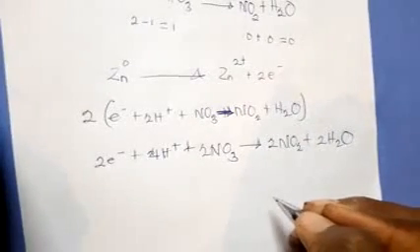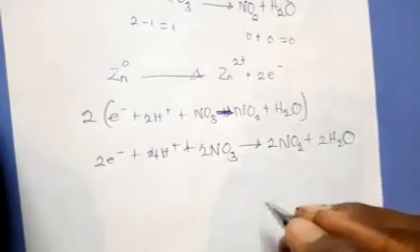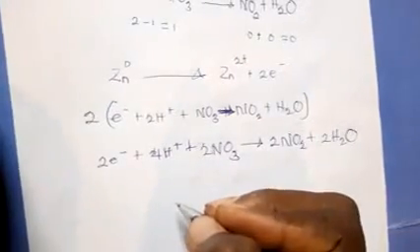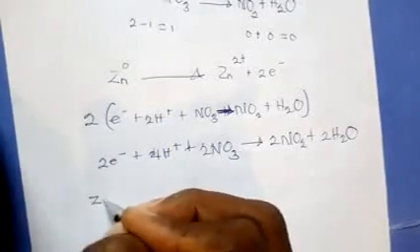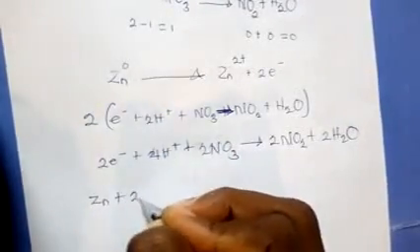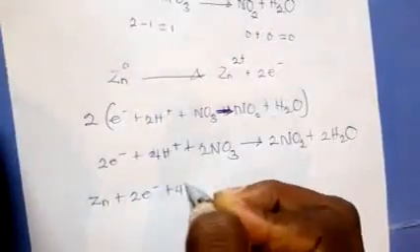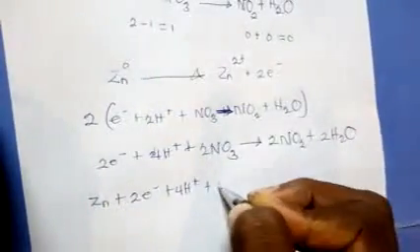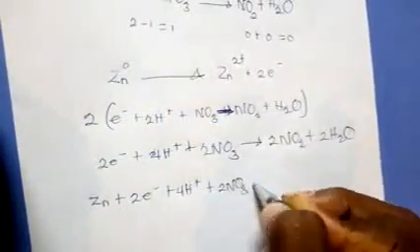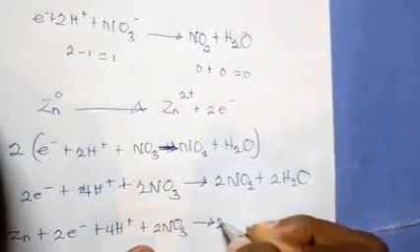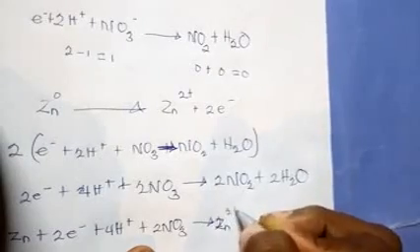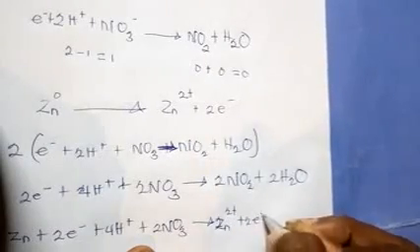Now the next thing, as I said earlier, is to compound the two equations. So what do we do? Begin with Zn. I will now have Zn plus 2E minus plus 4H plus 2NO3. I'll have here Zn 2 plus 2E minus. You write the first one on this side.